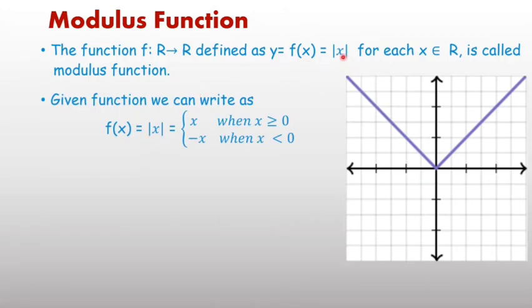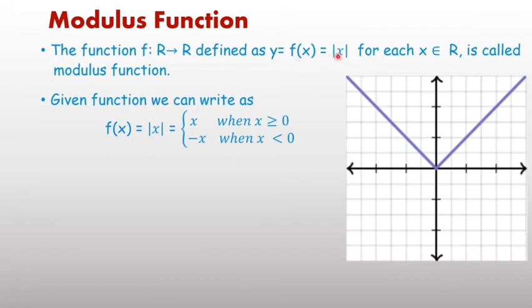Whatever value of x you are taking, f(x) will always be positive. For example, x equals 4, f(x) equals 4; x equals minus 4, then f(x) equals 4; x equals minus 3. Since the modulus sign is used, it implies whatever value you write inside the modulus symbol, its value will always be positive.